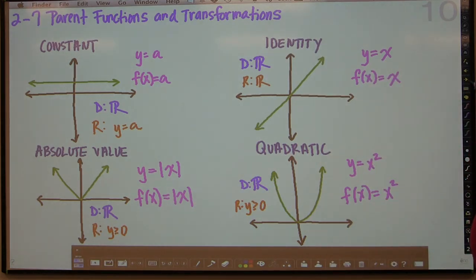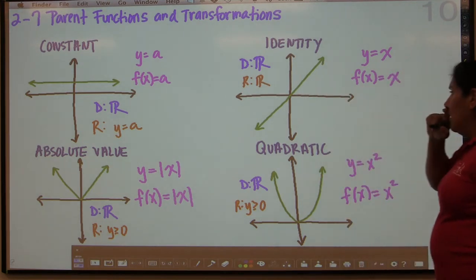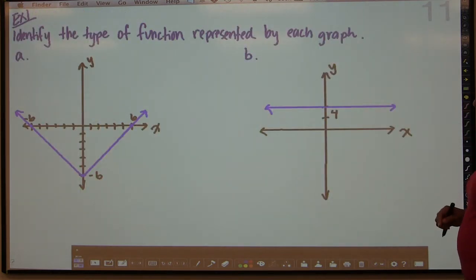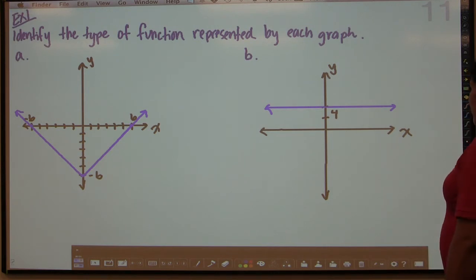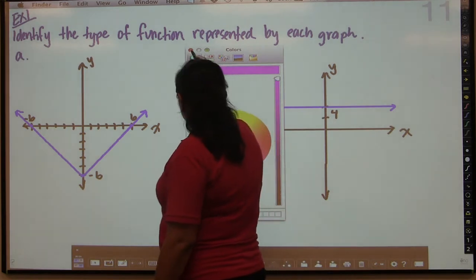So that being said, the second part of the lesson today is transformations, which is what happens when you start adding different numbers to these functions. So the first thing we're going to do here is identify the type of function represented by each graph. So this shouldn't be too complicated.